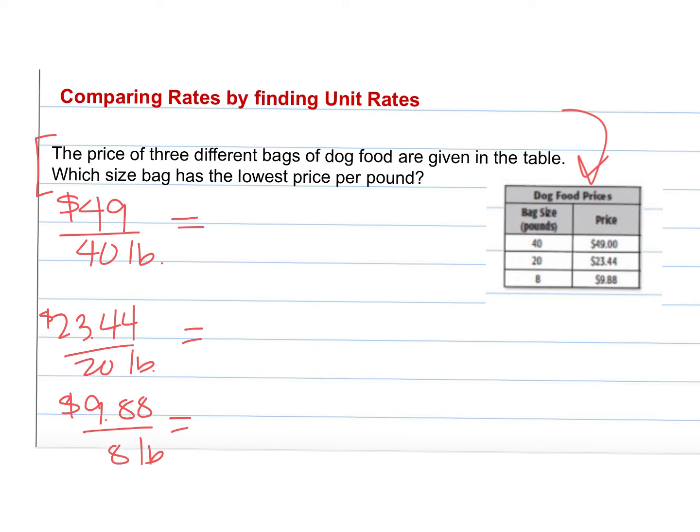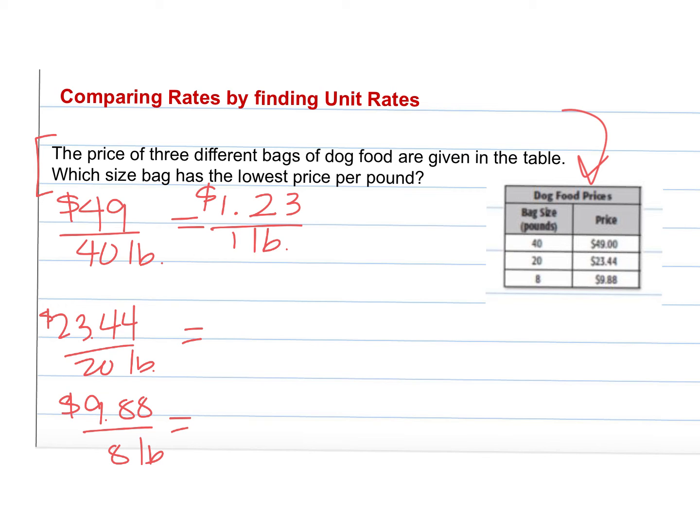So we're going to do 49 divided by 40, and we're going to round it to the nearest hundredth because that's what we do with money. So this is going to be $1.23 because my calculator says 1.225. So the 5 tells me to round up to $1.23 for 1 pound.